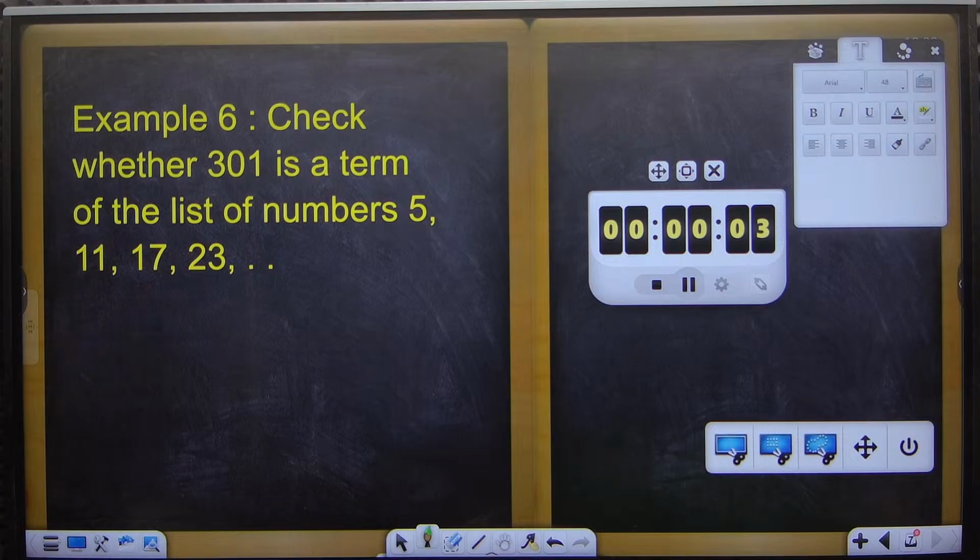Tell me, is 301 a term of the list of numbers? You need to find the first term, find the common difference, and find whether 301 is part of the AP or not. If n is a natural number, it is part of the AP. If n is not a natural number, it is not part of the AP.